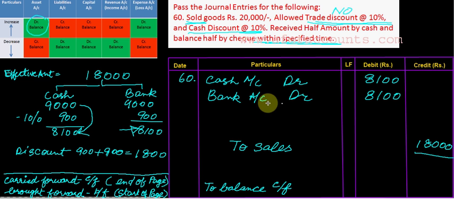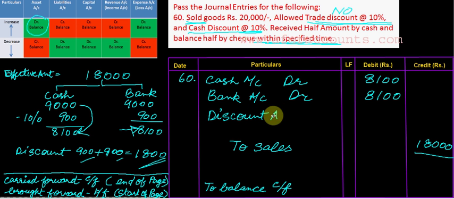And now discount allowed. How much discount is allowed? 900 plus 900, 1,800 discount is allowed. It is cash discount and it is always on prompt payment. So what you will write here? Discount allowed account debit. Why debit?